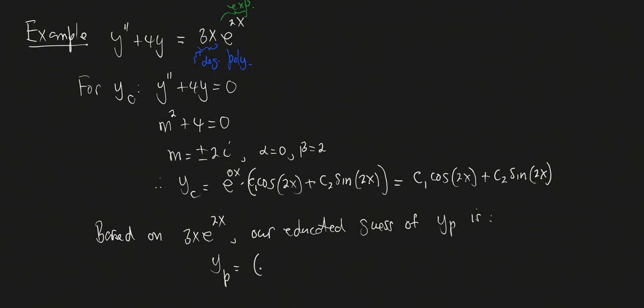Well, it's ax plus b, and then that would multiply my e to the 2x, right? So the modification here is, because there is now an x as a part of the coefficient of the exponential, I have to interpret this as a first degree polynomial times an exponential function, and then that gives me the guess, right?